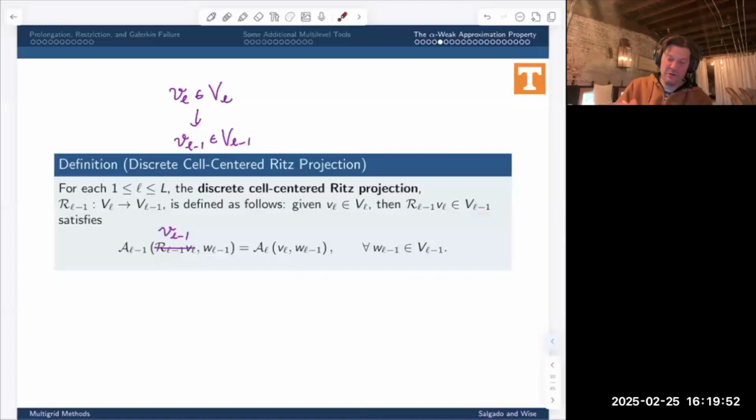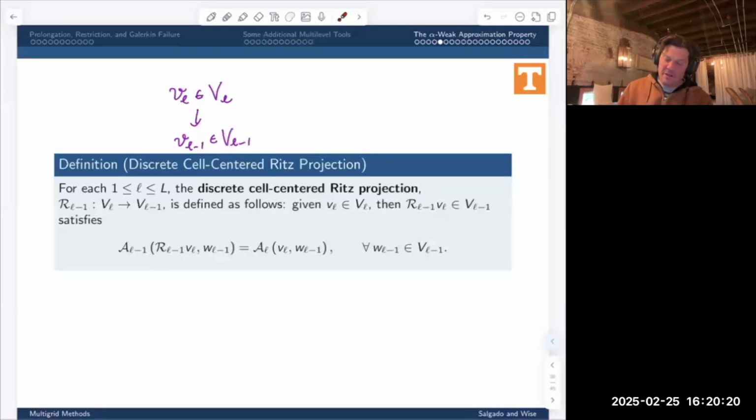So if you don't like the long name, you could use the shorter name. In either case, it's a function in the piecewise constant space VL minus 1, and it satisfies that if I put this guy here, then it equals AL of VL for every WL minus 1 that I put in the second position in both locations.